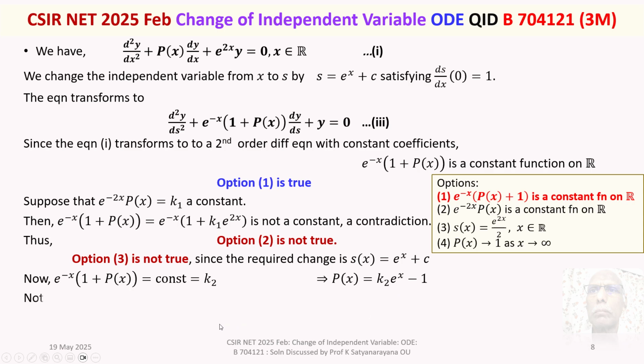No. So notice that p(x) is not tending to 1 as x tends to infinity. Therefore, option 4 is not true. Summarizing all the options, the answer to this question is option 1. That is the detailed discussion of the solution of this problem.